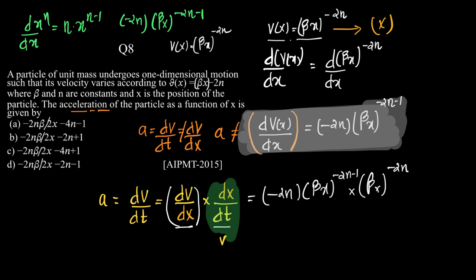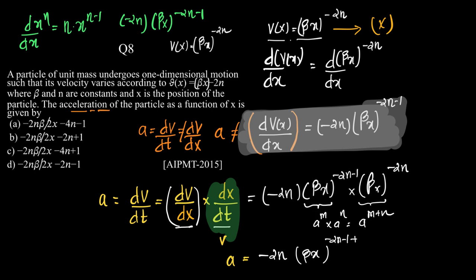So acceleration A is equal to minus 2n into, using a to the power m into a to the power n is a to the power m plus n, (beta x) raised to minus 2n minus 1 plus minus 2n.